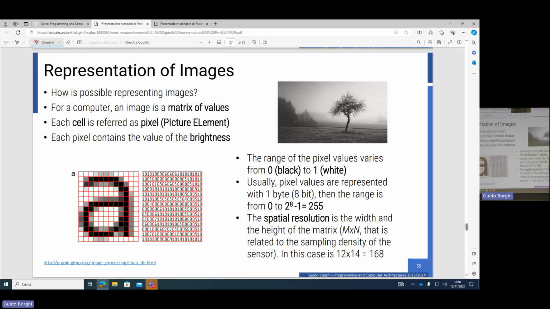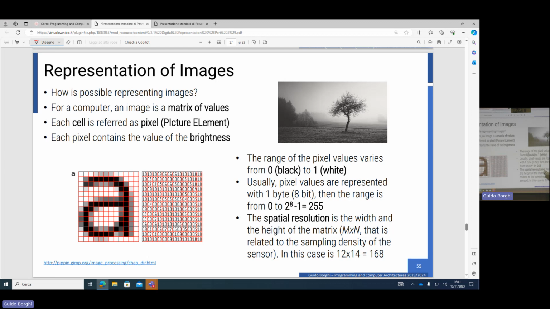Usually we don't use 0 and 1 in computers, but we use 1 byte of information. So in each pixel, we have 1 byte of information, 8 bits of information. So how many values can we have? We can have 256 different values, and the maximum value, you know that you have to apply the formula 2 to the k minus 1, where k is the number of positions that we can use, in this case 8 bits.